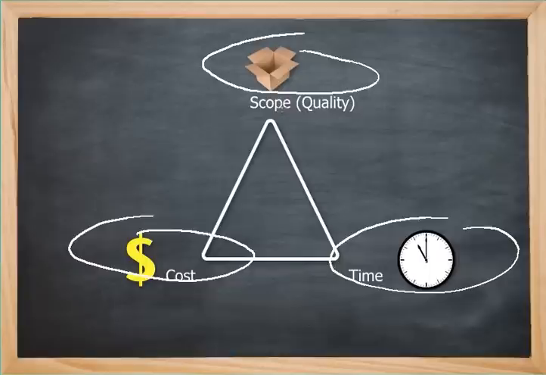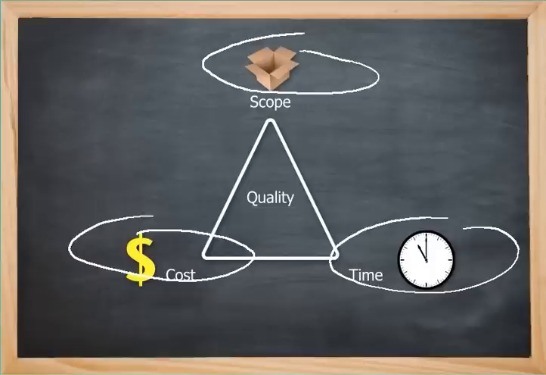It's not unusual for you to find in some manuals on project management that scope is also regarded as quality. But another way to show that is basically that you take the quality out of there and you treat quality in the middle.